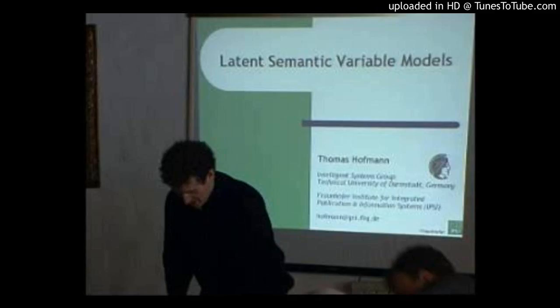Okay, so let me now talk a little bit about a particular application, information retrieval, and this technique called latent semantic indexing, which was developed in the late 90s. So first of all, I'll try to convince you that information search is important. Well, we all know that, right? In order to access information, the most popular way of doing that is to use a little box like that, a little box, a button.